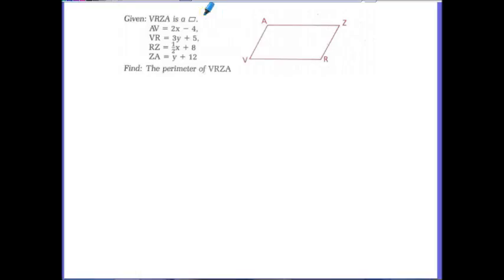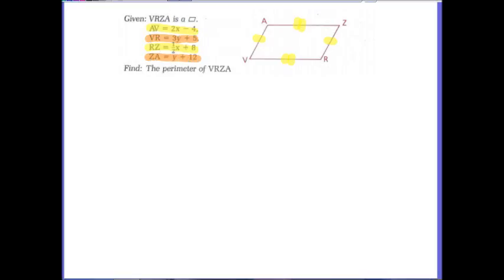Now, here's what I did. I looked at what I have here with my parallelogram, and my first thought is that opposite sides are going to be congruent to each other. Now, that would mean that AV is going to be congruent to RZ, and it also means that VR is going to be congruent to ZA.